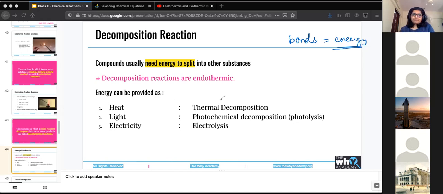Or no, that's a wrong equivalence. But basically, when bonds form, the atoms are more stabilized and energy is released. So let's put it this way. When bonds form, energy is released.